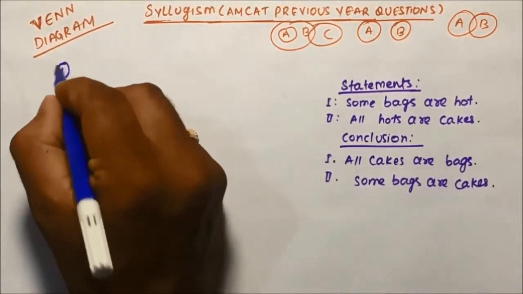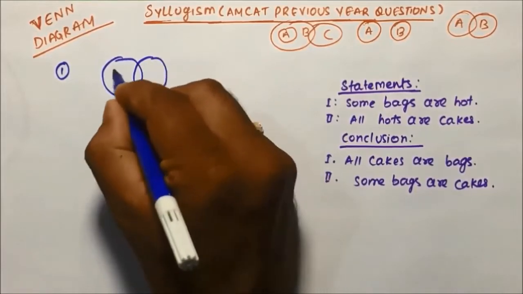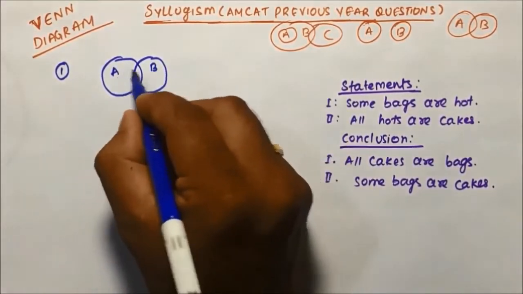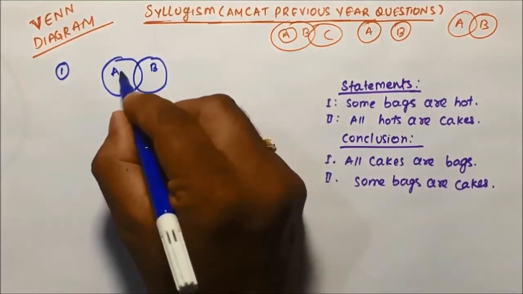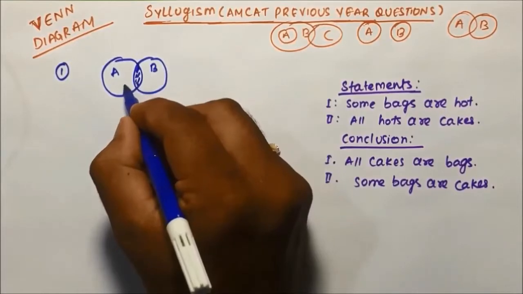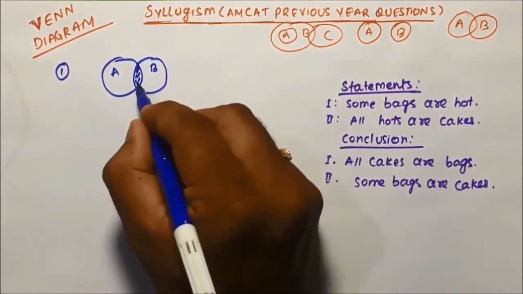Okay, so I am going to draw one diagram. This is A and this is B, two circles I have drawn. Now you can see that some part of A is in B and some part of B is in A. Basically, both A and B are intersecting here.